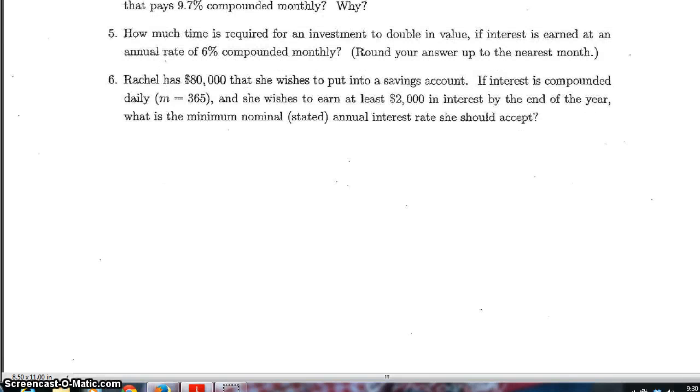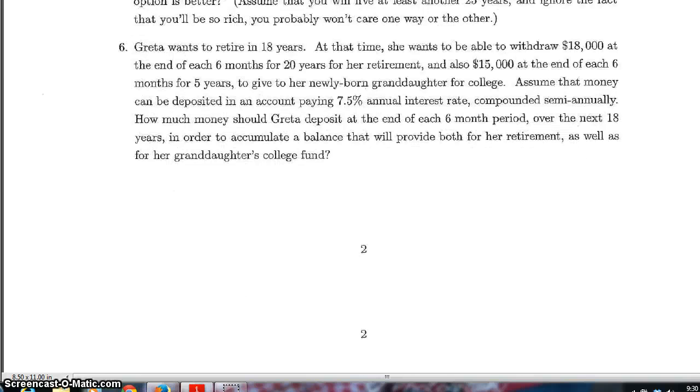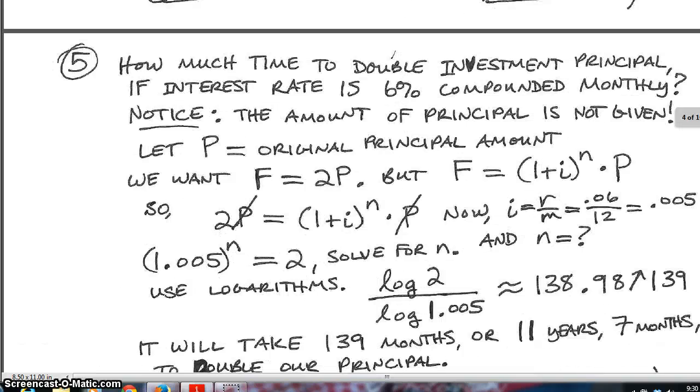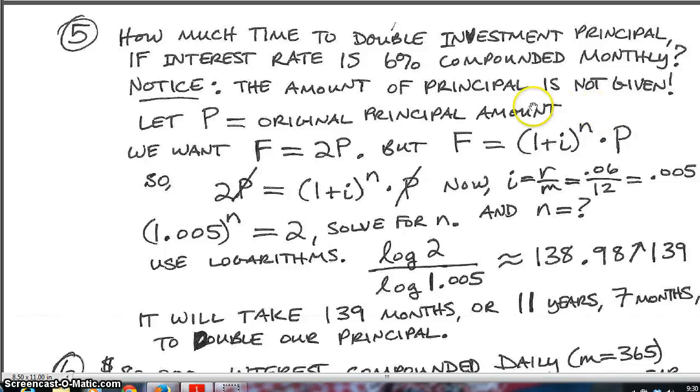Okay, so how can we think about this? How much time to double? First of all, one thing you might have noticed, I didn't say how much the principal was. Principal is not given. Well, why is that? Let's see what happens if we think of a principal amount.